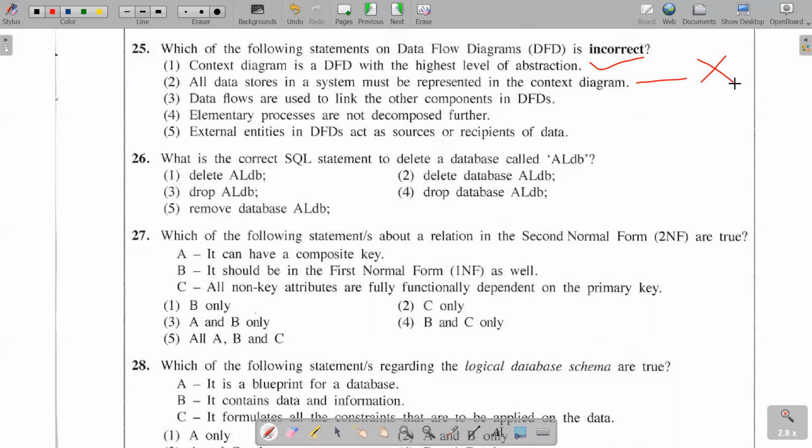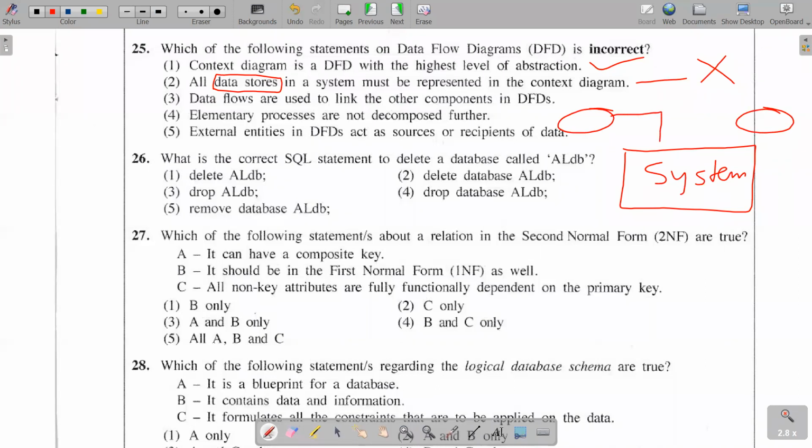We can't see data stores inside a context diagram. Inside a context diagram, what we can see is the system and the external entities, with data flowing in and out. That is how the context diagram goes. So the second one is going to be the incorrect one.